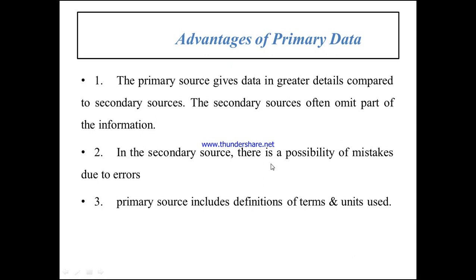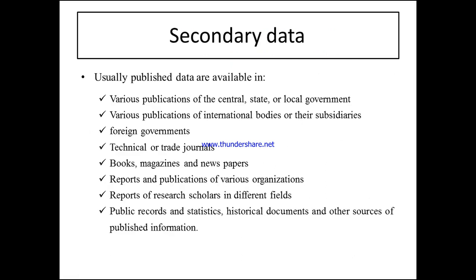But in the case of primary data, we can control the quality of the data and avoid any kind of mistakes. And the third advantage is that primary data includes definitions of terms and units. These are the advantages of primary data.